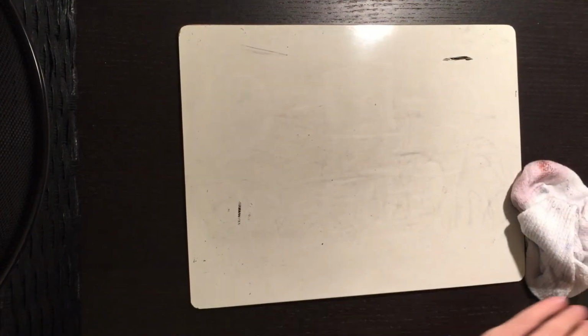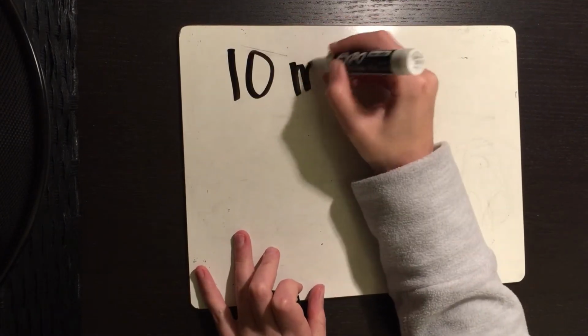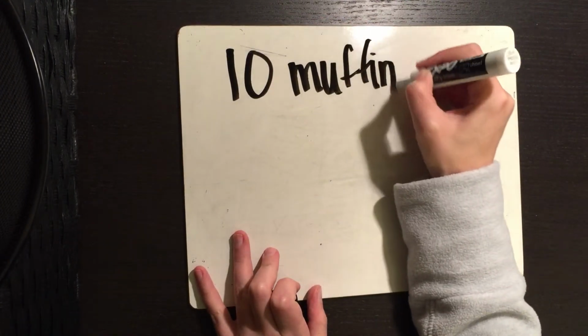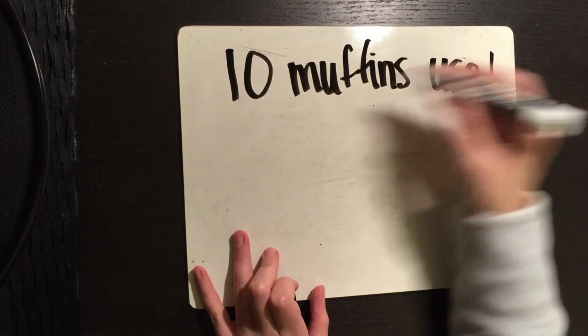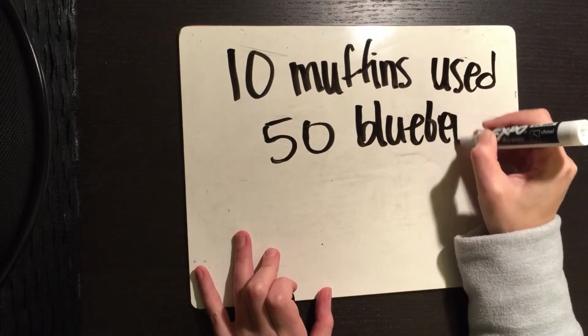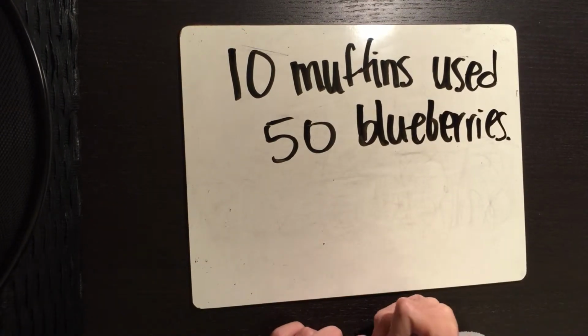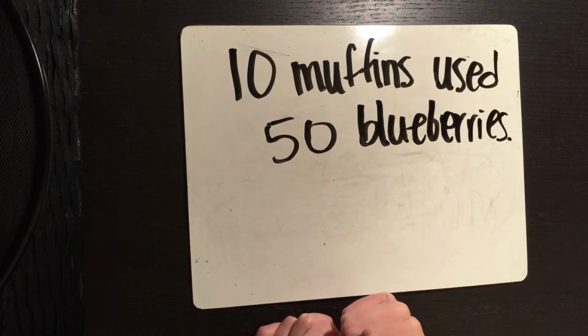Part C says if she has a total of 90 blueberries, how many are left after she makes the 10 muffins? So I know back in part A, 10 muffins used 50 blueberries. This question says she started with 90. How many does she have left? How many left?